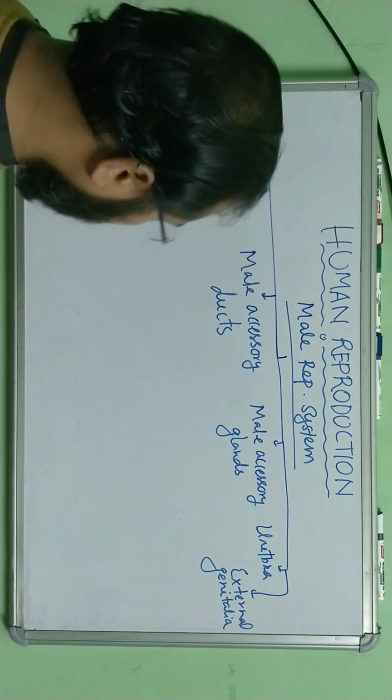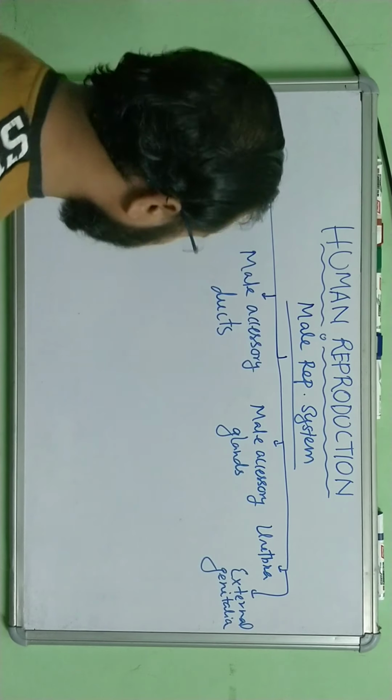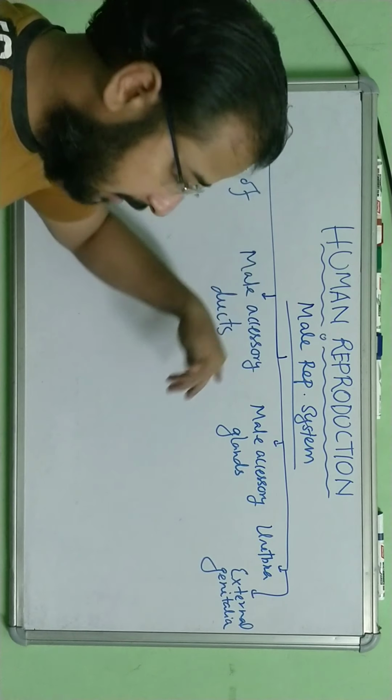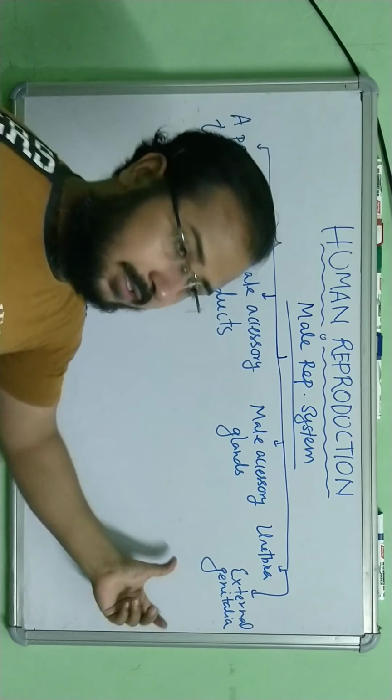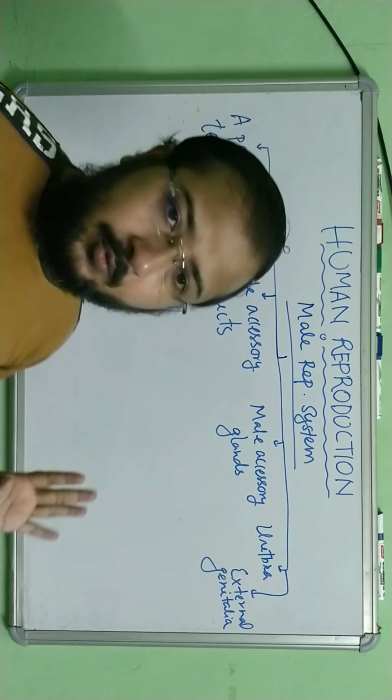So these are five different categories in proper sequence, starting from the testes, then the ducts, then the glands, then the urethra, and then the external genitalia. Now one by one I am going to focus on them.